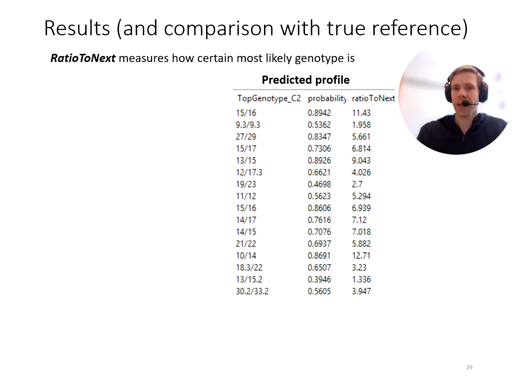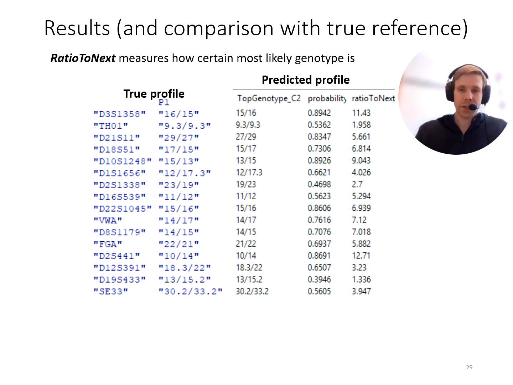And we also have the ratio to next column, which indicates the probability of the top genotype divided by the second most likely genotype. So it's a way to see how distant the top genotype is from the second one. And this is a very nice measure to see if this is a predicted genotype we can rely on.